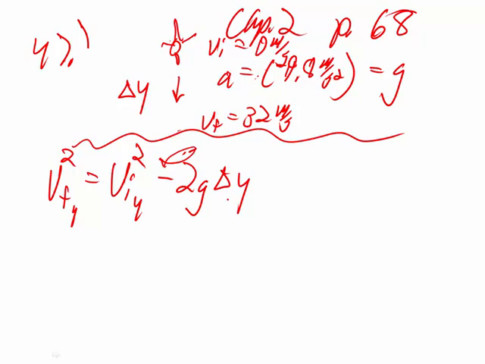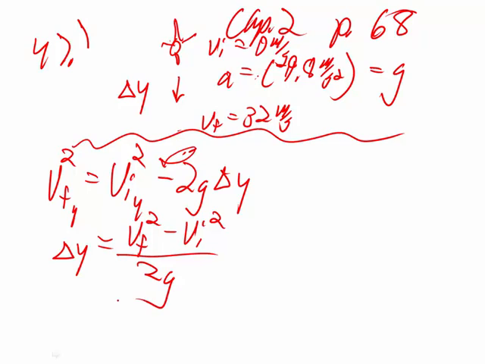And so we've got to find delta Y, don't we? So let's rewrite the equation. Delta Y is equal to V final squared minus V initial squared divided by 2G.